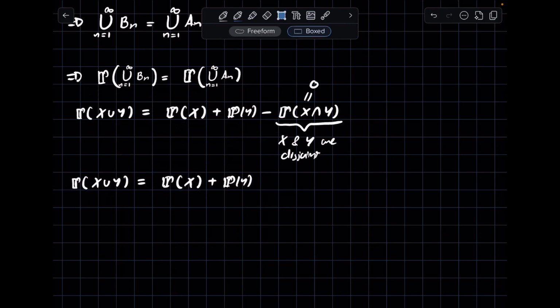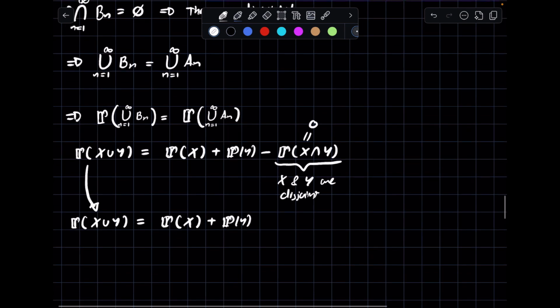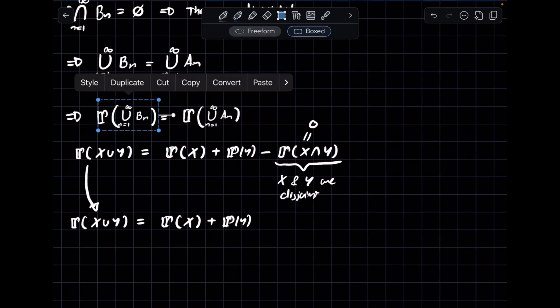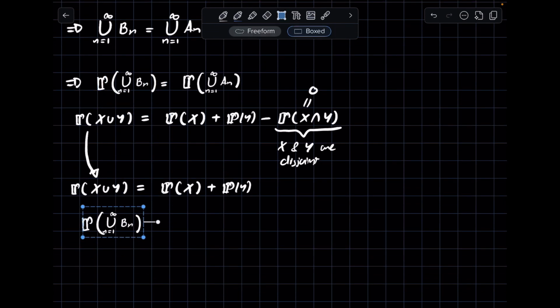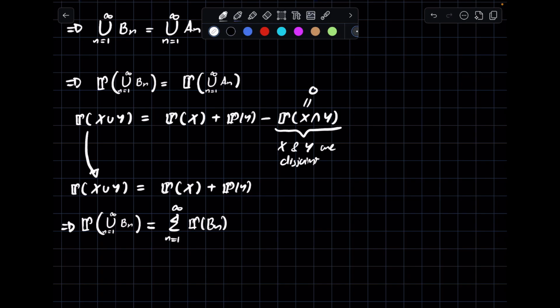In this case, it's the same property. The union of Bn's are all disjoint. Their intersection is going to be 0, meaning that this is just going to be the sum from n equals 1 of all probability of Bn. That's it.